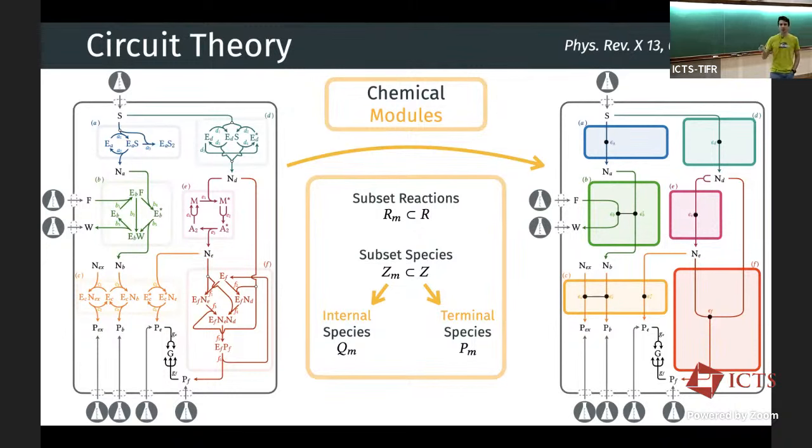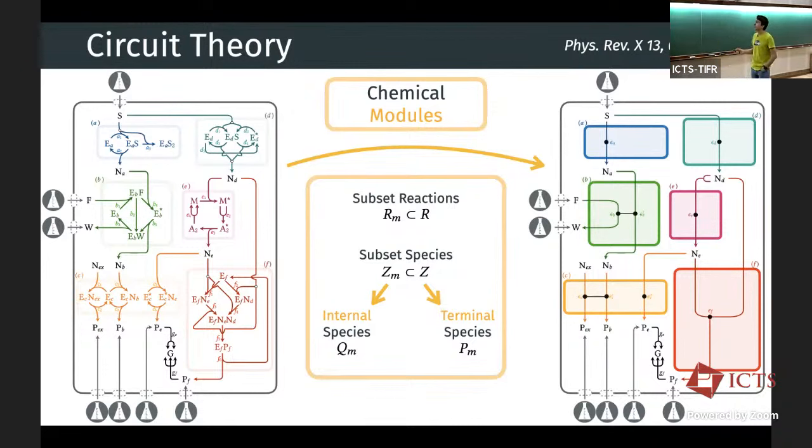Okay, so let me stress again the idea. We have a subset of reactions and we split the species internal, and this is also the same kind of nomenclature Massimiliano was using. The species internal to the module are unique to the module. And then we have terminal species that are shared between different modules. The terminal species are the equivalent of conductors coupling different electronic devices.